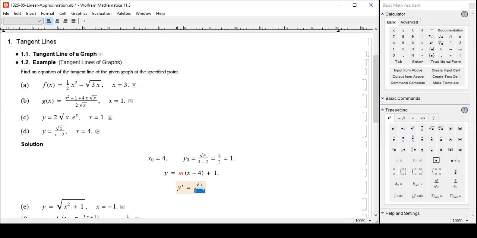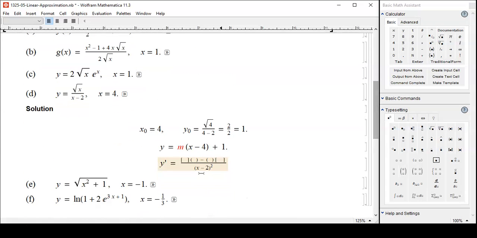Denominator squared, and then in the numerator, we need u prime v minus u v prime, like this. That's the structure. u prime v minus u v prime. So what is u prime?